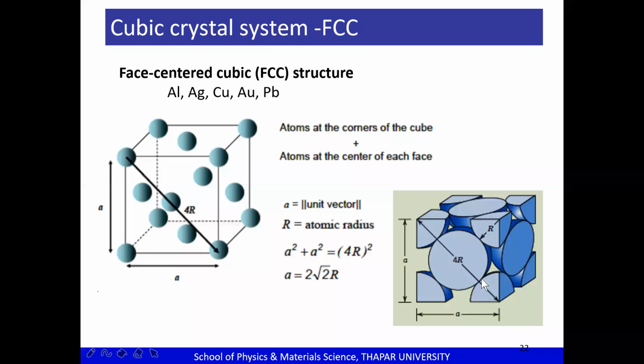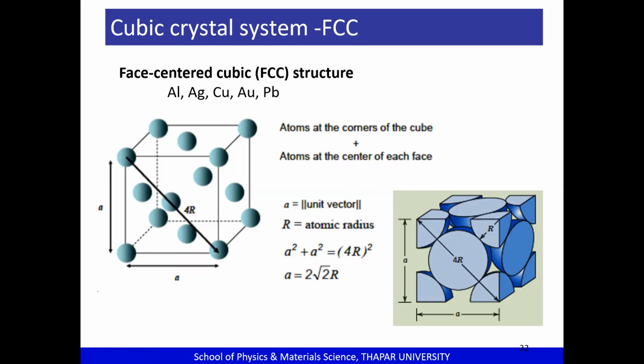So if I use simple Pythagoras geometry, my expression becomes a square, which is one side, plus a square, which is another side, equal to 4r whole square. If I simplify this, I find the correlation for the face-centered unit cell: a is equal to 2 root 2 r.